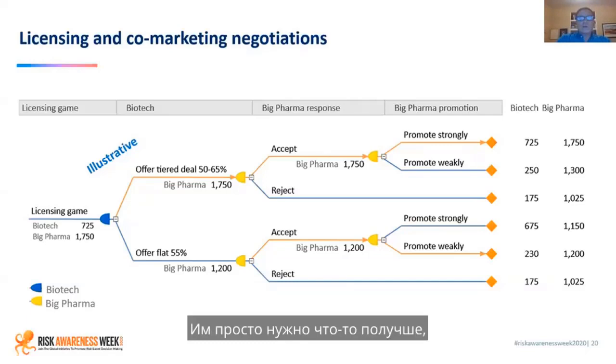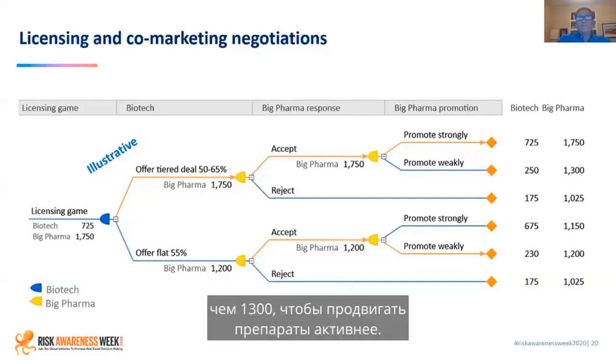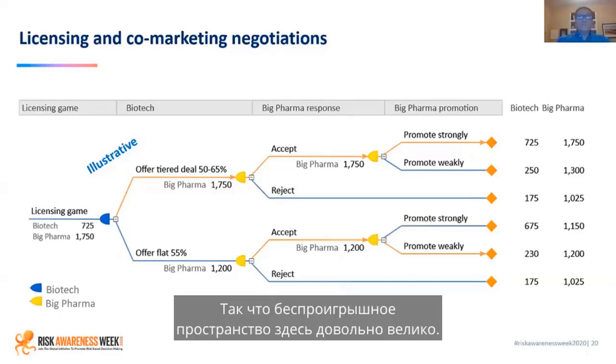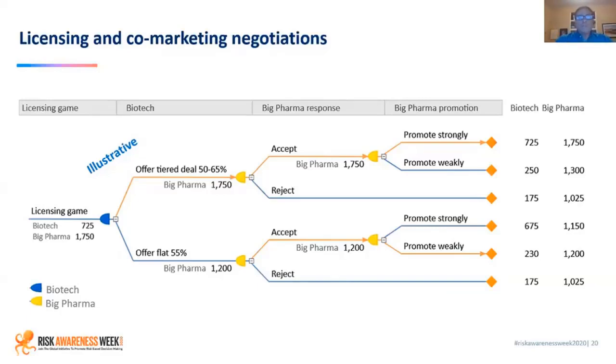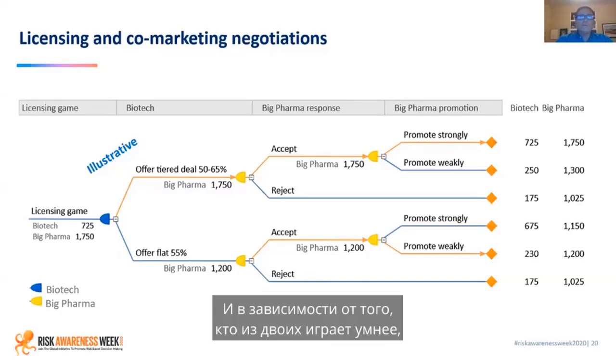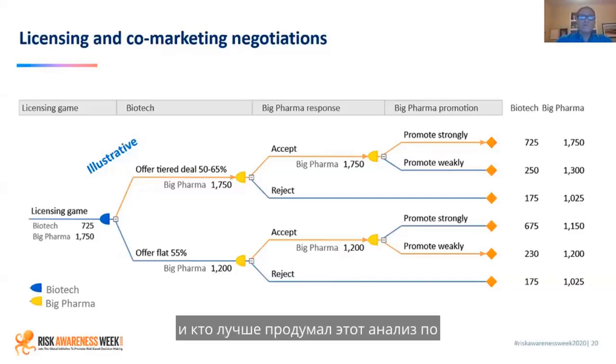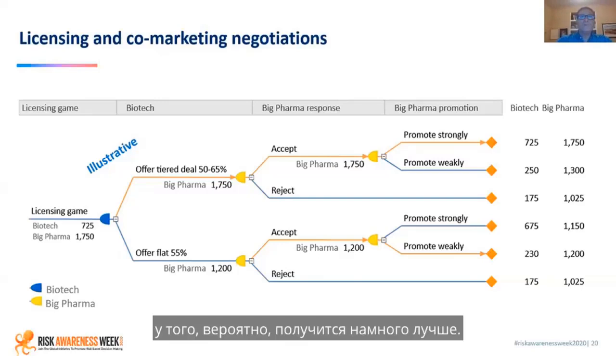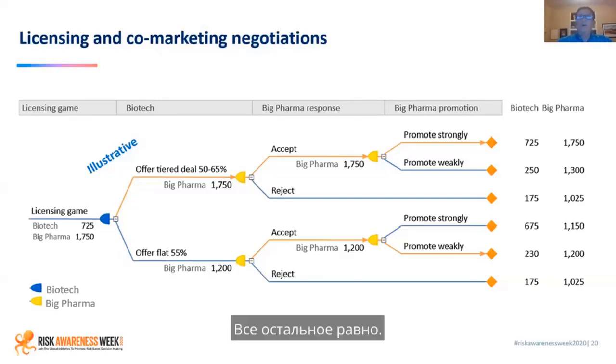They just need something better than 1,300 to promote the drug strongly. So the win-win space here is quite large, and depending on which of these two plays the game smarter and has thought through this analysis from each of the players' perspectives more, that player will probably come out doing much better, all else equal.